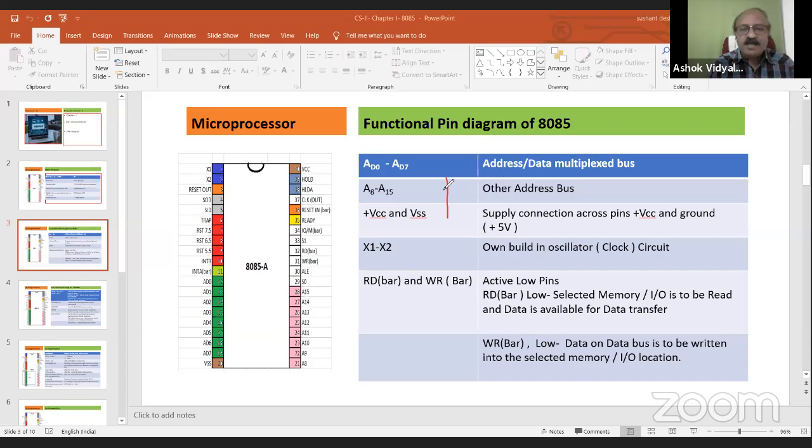Therefore, the content in this particular memory location, 1, 2, 3, 4, 5, 6, 7, and 8, so D0 to D7, will be the content stored in this memory location, which is nothing but data. And where the data is stored will be given by 16 bits.